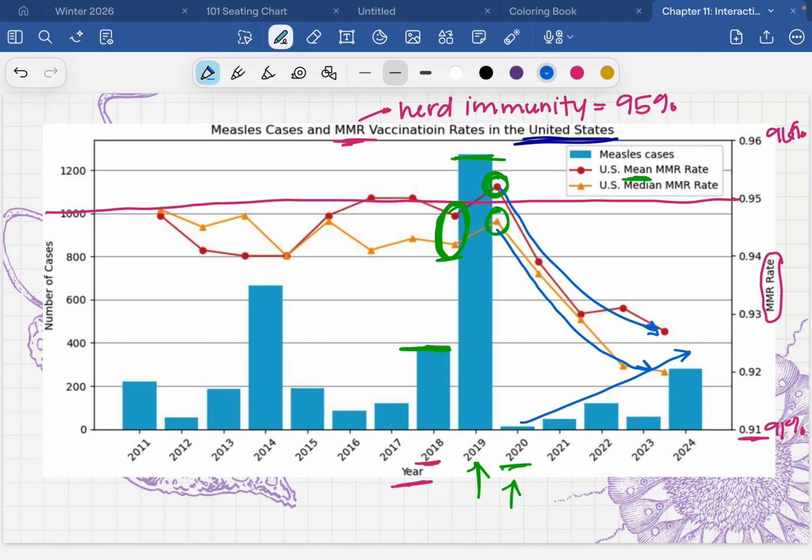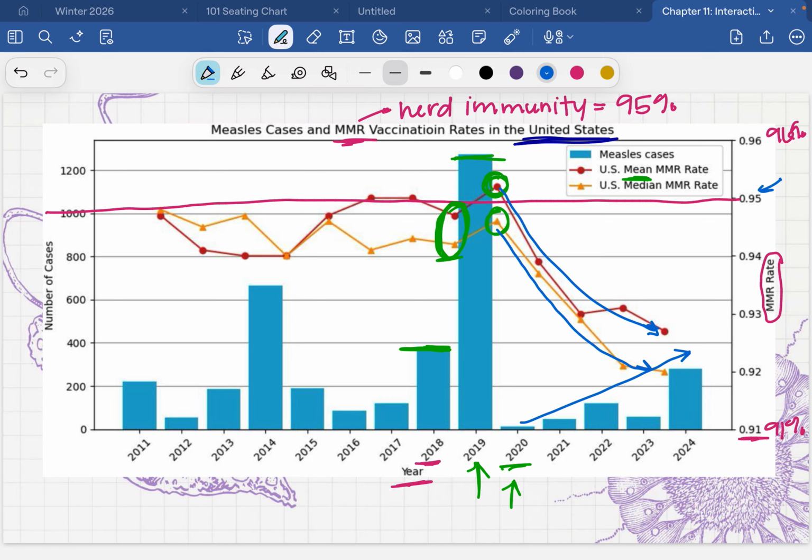As the amount of measles vaccines has decreased, the number of measles cases has increased, which should make sense, because we have dropped below this 95% herd immunity. So as we've dropped below this herd immunity, the number of cases goes up. The number of people who are being exposed to the measles goes up. The number of people who are susceptible goes up every year.